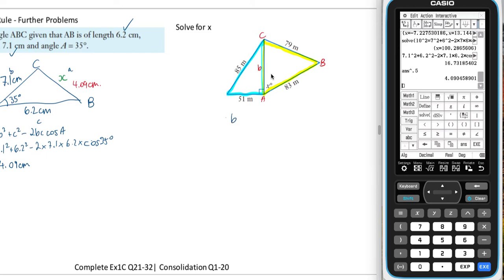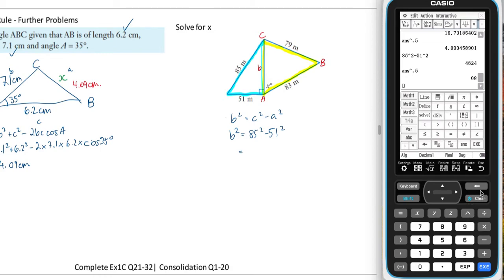So 85 squared minus 51 squared. And we get an answer of that, but we need to take the square root of that to find b. So b is a nice clean number of 68.